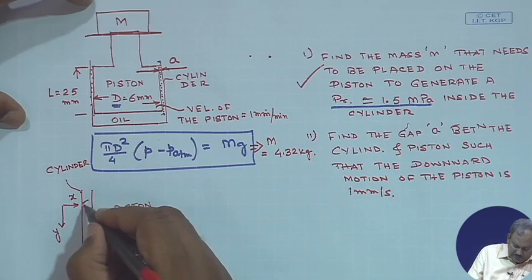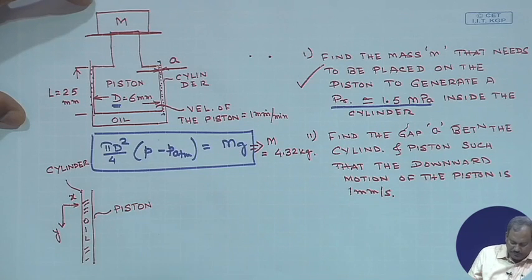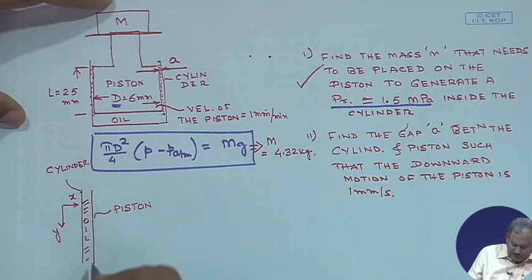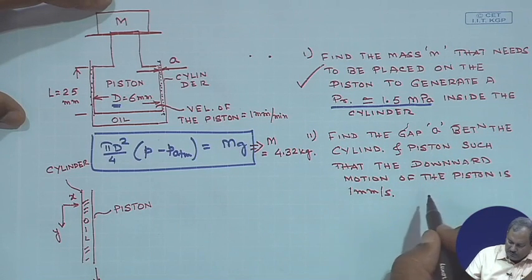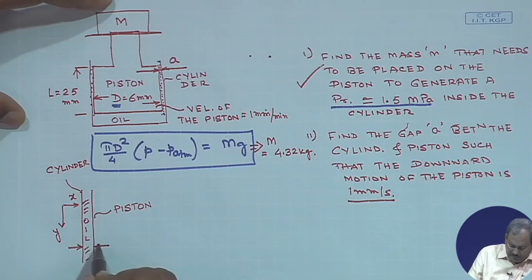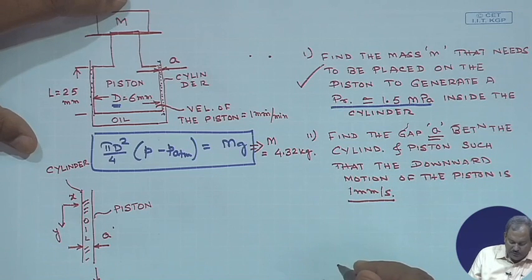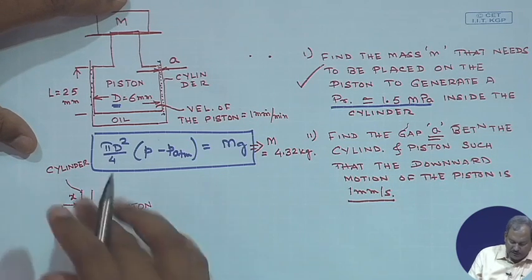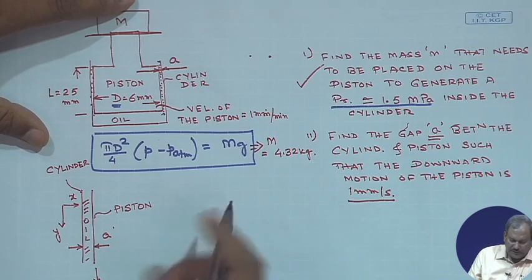In between I have oil present inside. The piston is slowly coming down with the velocity which is provided, 1 millimeter per second. The gap in between the cylinder and the piston is a, that is over here, and we simply have to write the balance equation to obtain the expression for a.